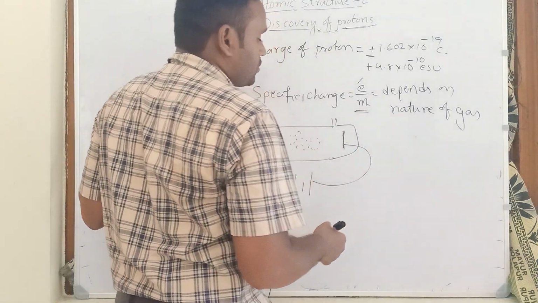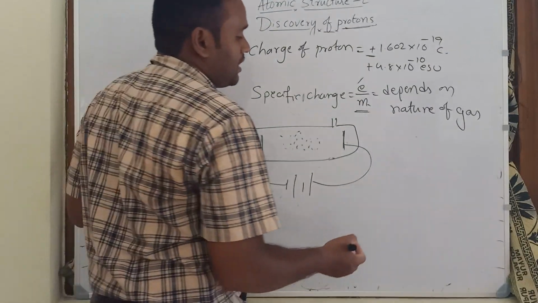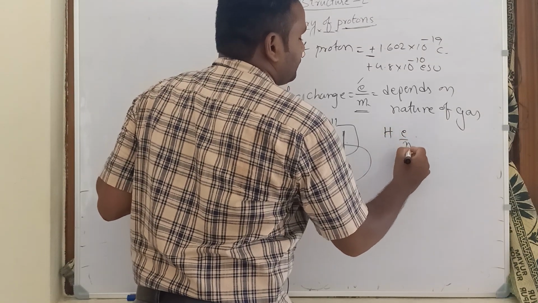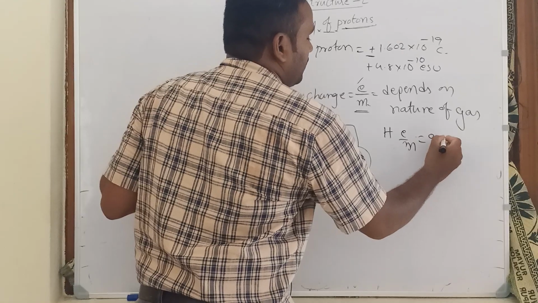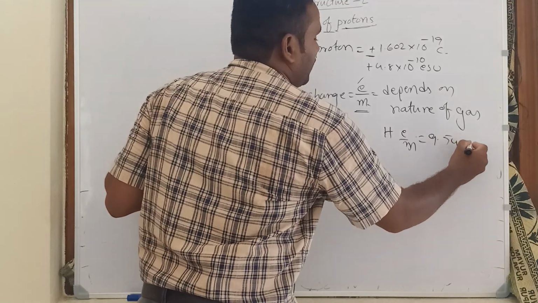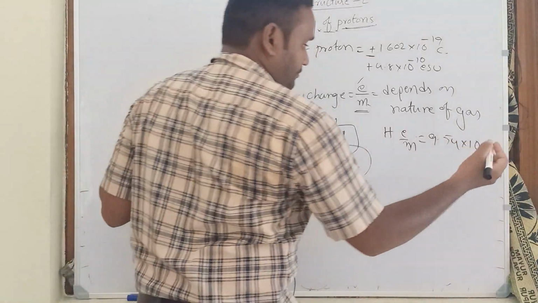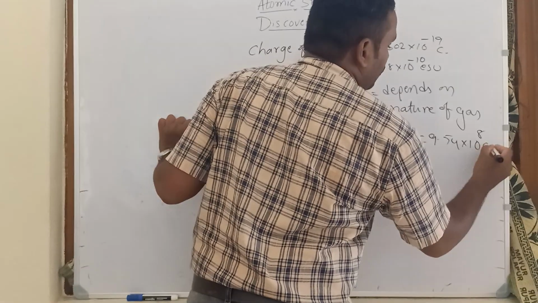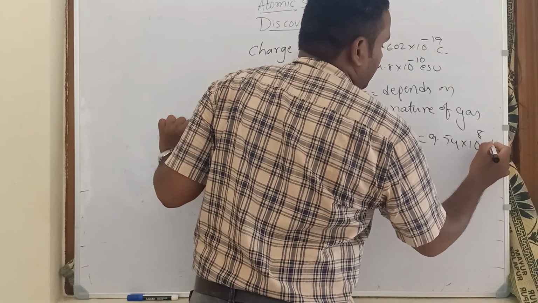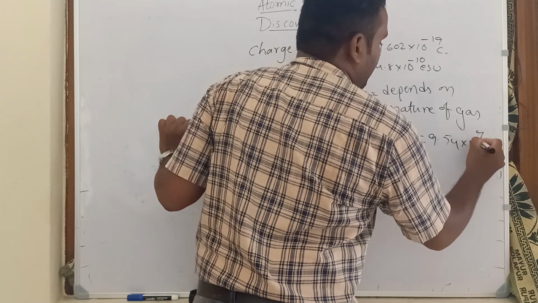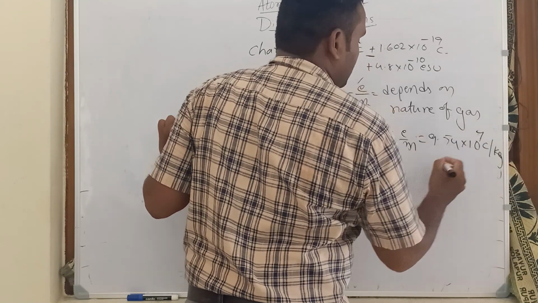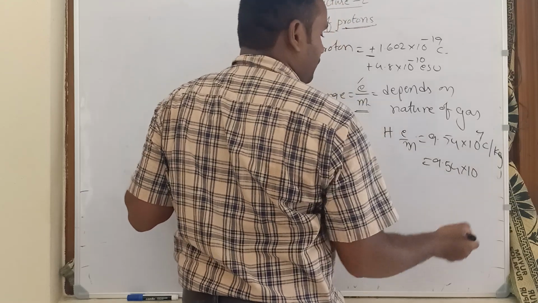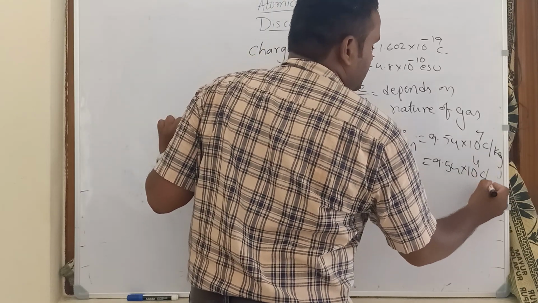But the e/m ratio of the lightest gas, which is the lightest gas? Hydrogen. So the e/m ratio of hydrogen is 9.54 × 10^7 coulombs per kilogram, or 9.54 × 10^4 coulombs per gram.